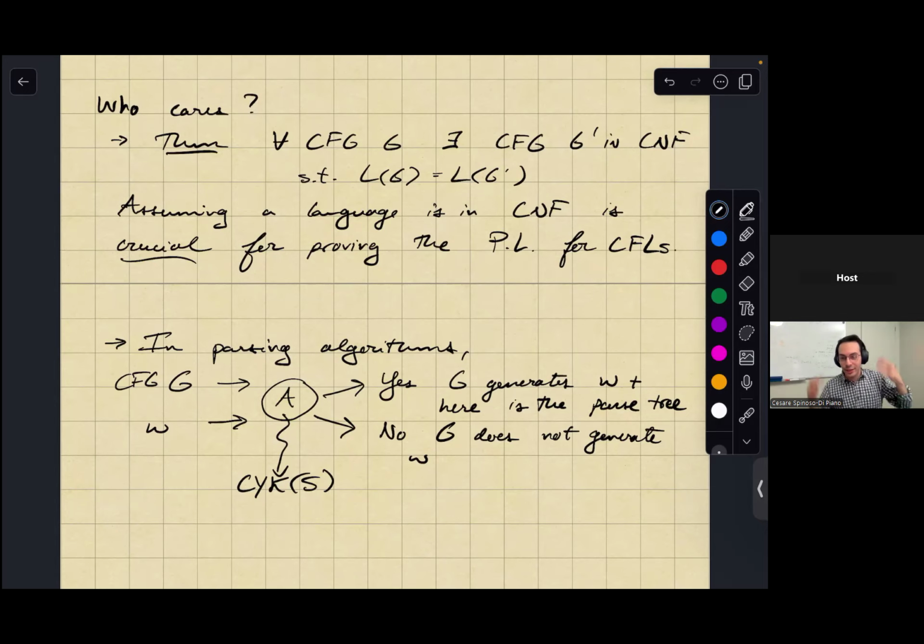But that's why, in credit to him, I like to call this the CYKS algorithm.